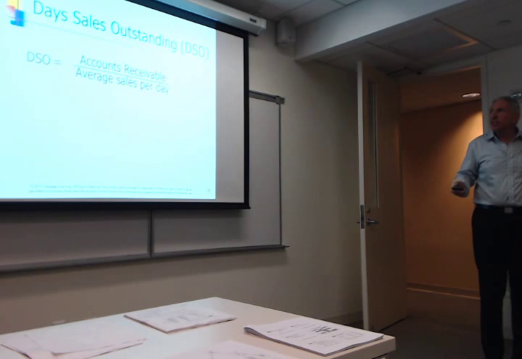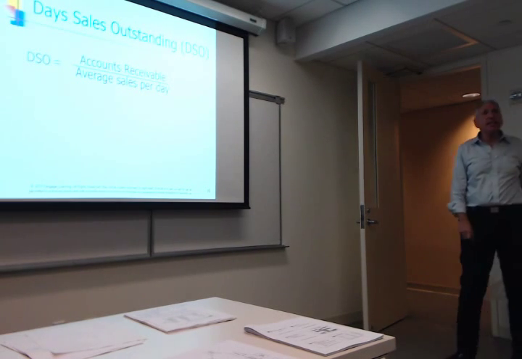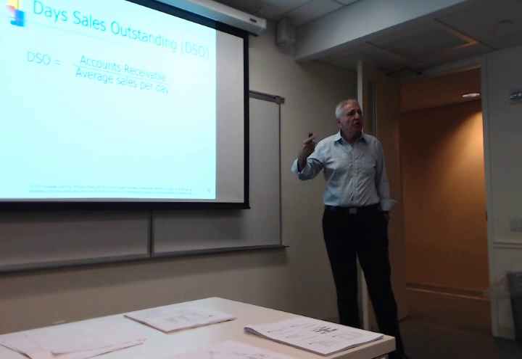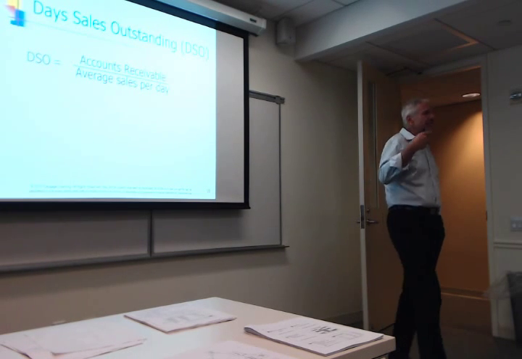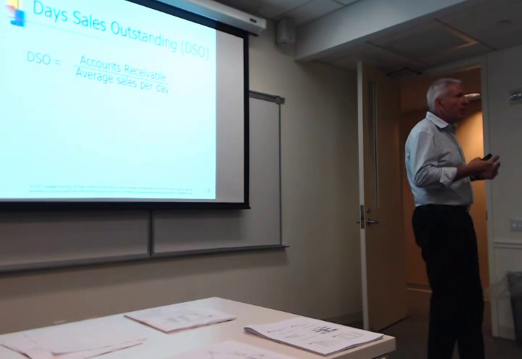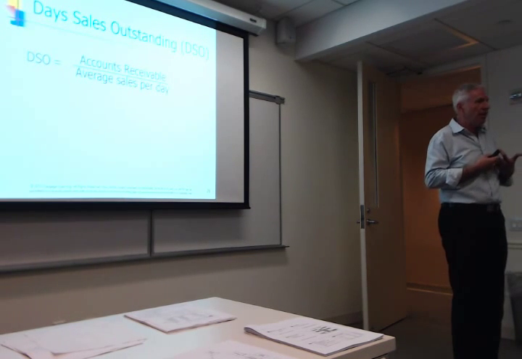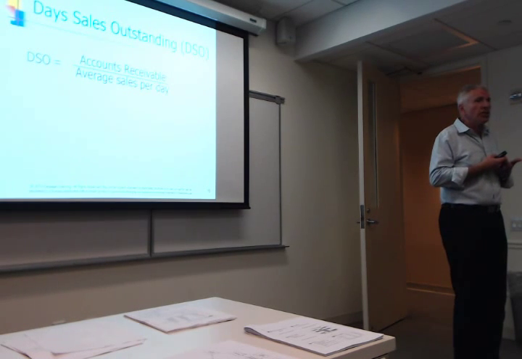Now let's look at day sales outstanding. What day sales outstanding tells us is, for our average sales, how many days of sales do we have out there that we haven't recouped the money for yet? So we've invoiced, but we haven't collected. Now this is generally a function, what would you assume this is a function of?